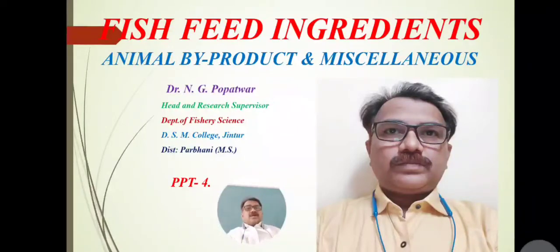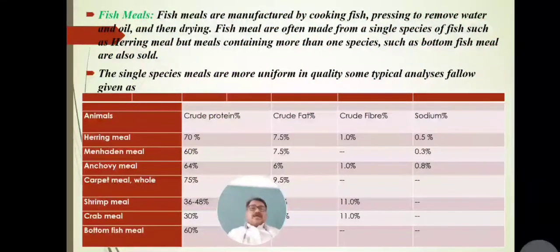Next to these, another animal byproduct which is found in our area is fish meal. The next important animal byproduct is the fish meal.